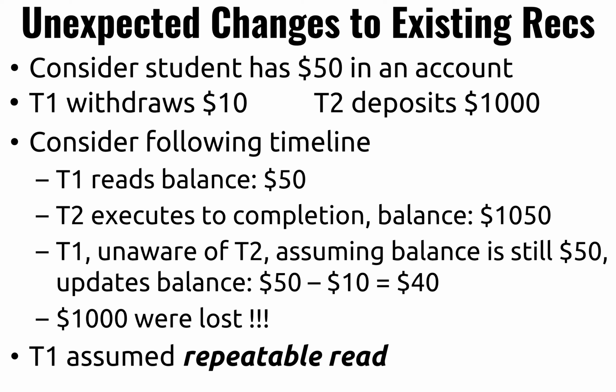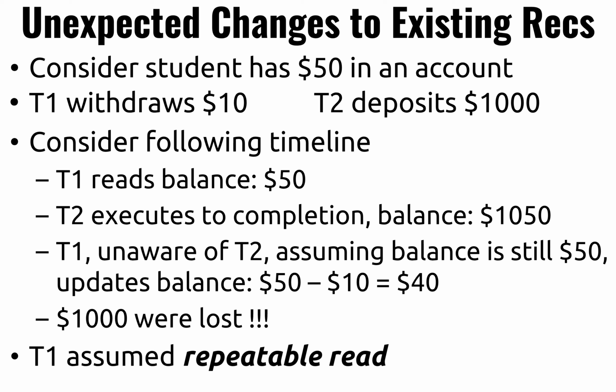Here's another example where a student might be making a purchase, and they're going to debit their university account, and the transaction is for $10. So they have $50 in their account, and one of the transactions reads the $50, and it has a copy of that $50 in the CPU in memory, and it deducts the $10, and then it makes a reasonable assumption that the database still has those $50, and it updates it to $40, right, and that's reasonable.